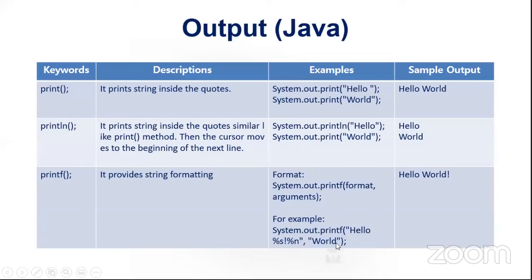The second parameter is the word world. This word world will go into %s because %s is the formatting for a string. So you see hello world, and %n is for new line.